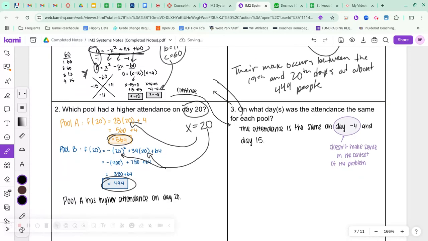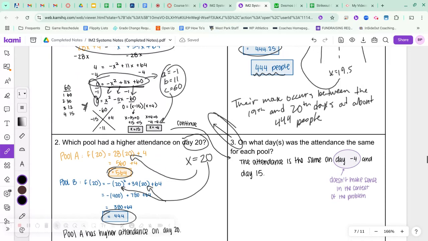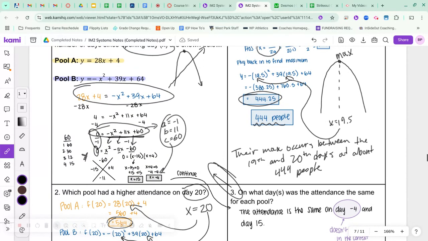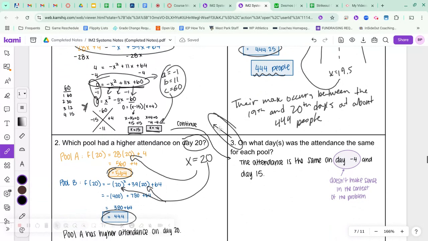Now, last thing, number 3. On what days were the attendance the same for each pool? We know without context that this quadratic and this line, they intersect at 15 and -4. Okay, but when we're talking about context, right, the attendance is the same on the -4th and the 15th days. -4 doesn't make sense.